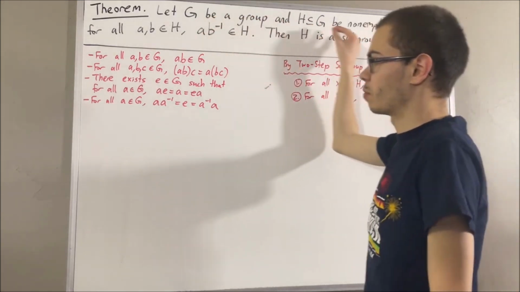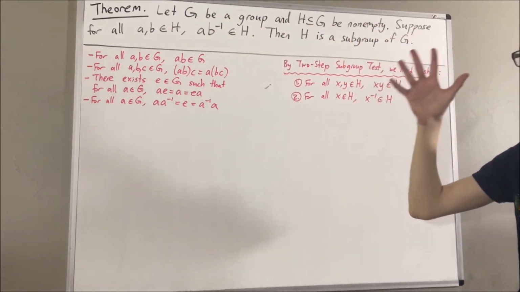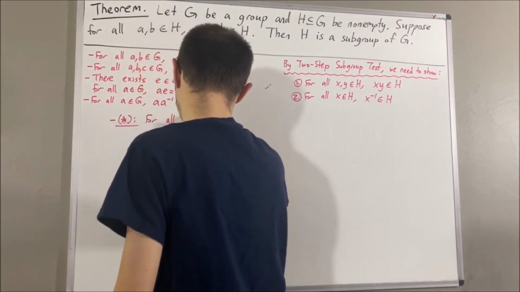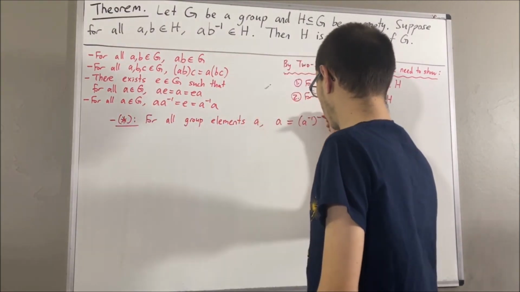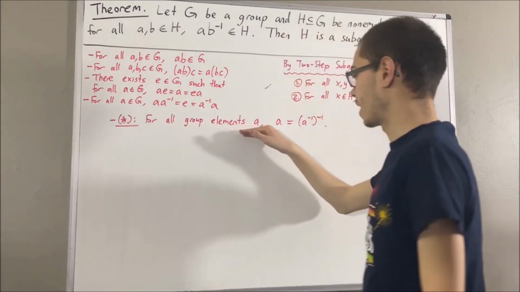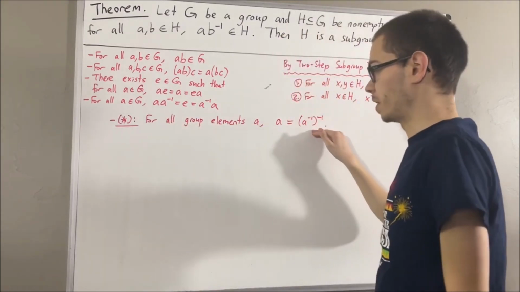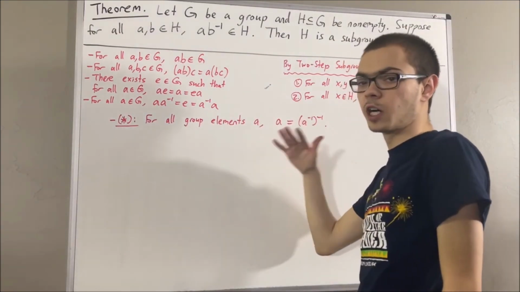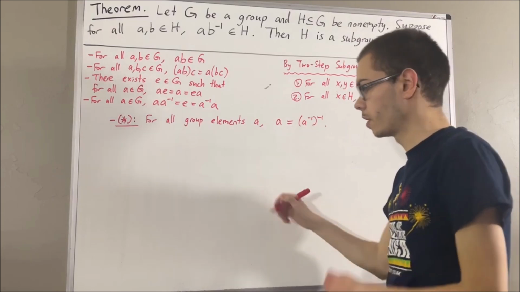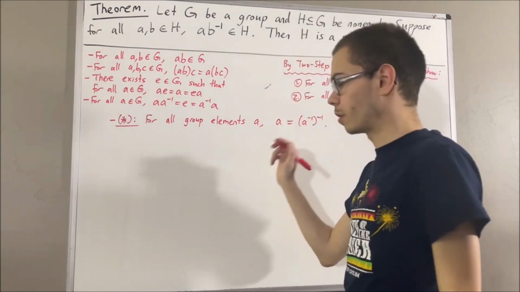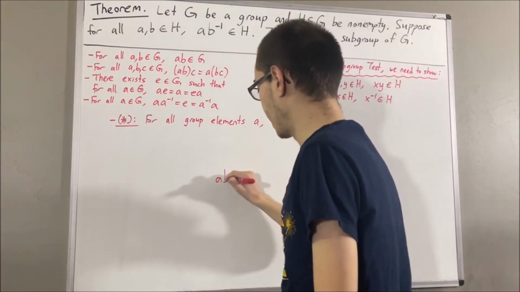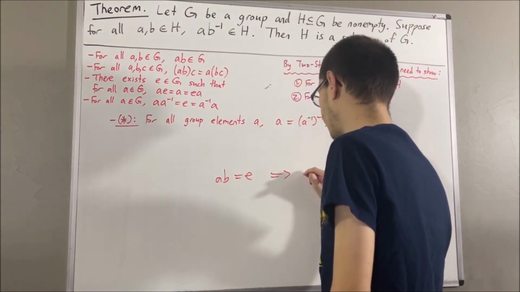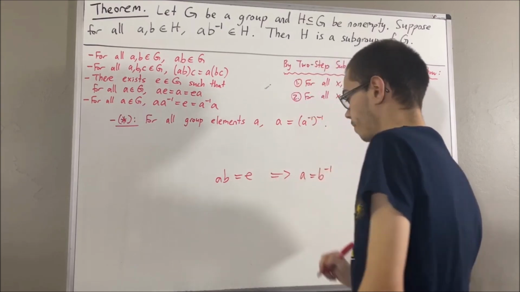And in proving this theorem, we are also going to be using the following preliminary result about groups. We have, for all group elements a, a is equal to the inverse of the inverse of a. And to prove this, this is actually just a corollary of a result we proved in a previous video, which is, given any two group elements a and b, if a times b is equal to the identity, then this implies that a is equal to the inverse of b.